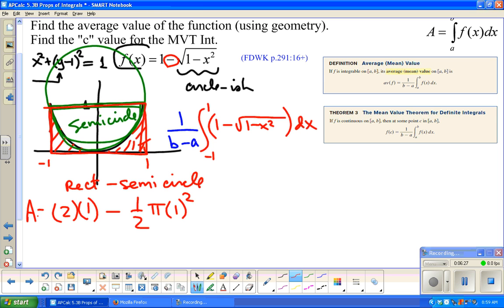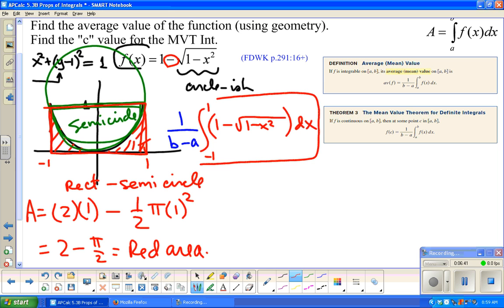So that area is going to equal 2 minus half of pi. So what we just found was the red area. That is this area. Okay, how color coordinated is that?